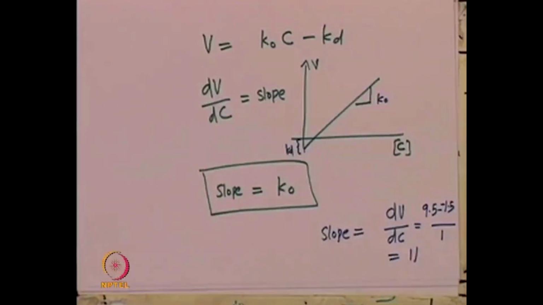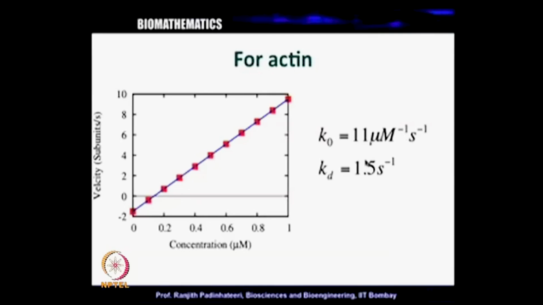So, that is how you get the answer 11. Take this value of 11 and 1.5 and draw yourself a graph which will look like this, and you can learn.